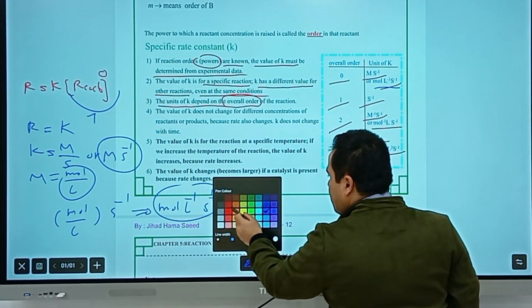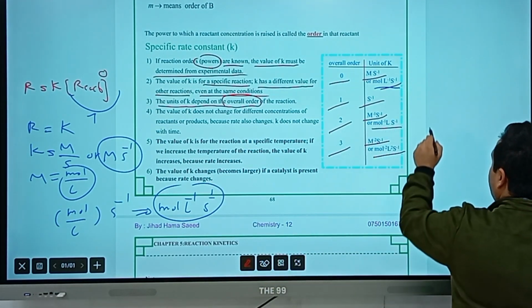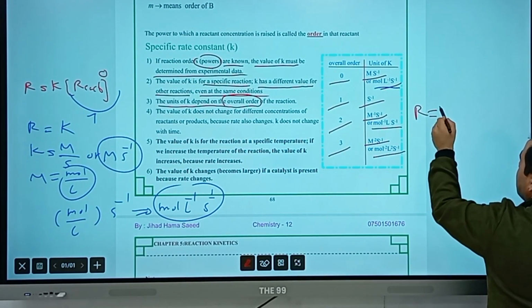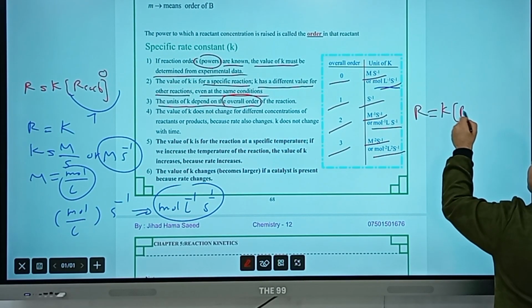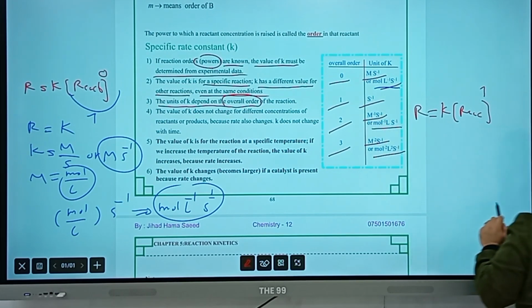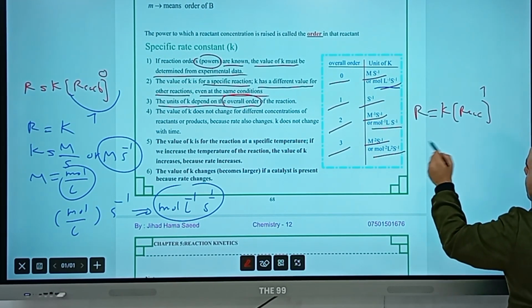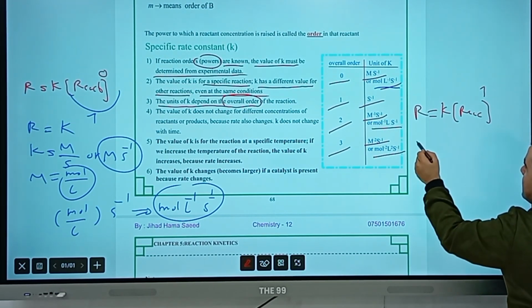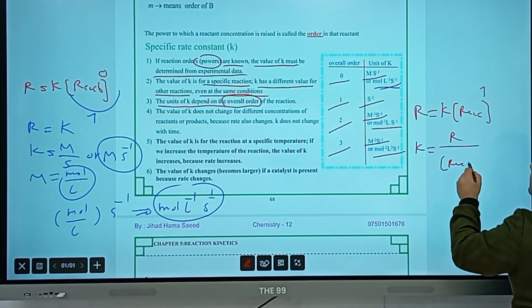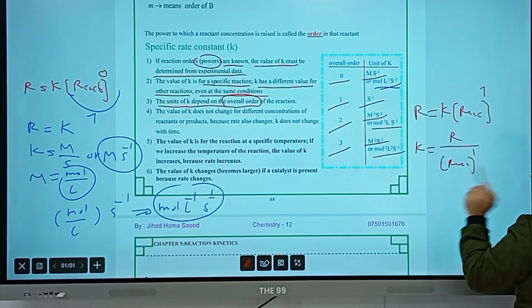Let me practice this for when the overall order is 1. R is equal to K reactant to the power of 1, which means the overall order is 1. In this case, K is equal to what? R over reactant to the power of 1.